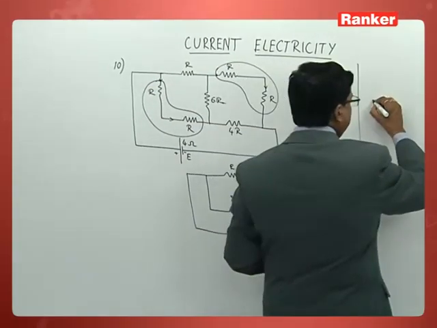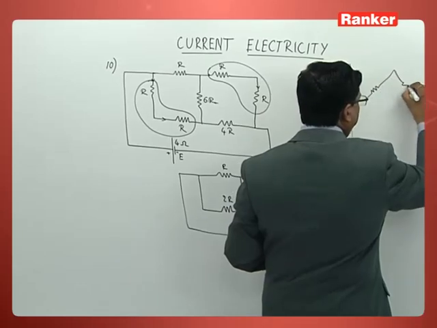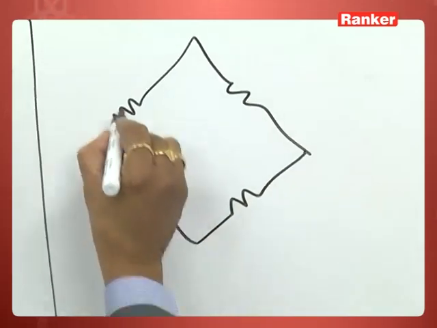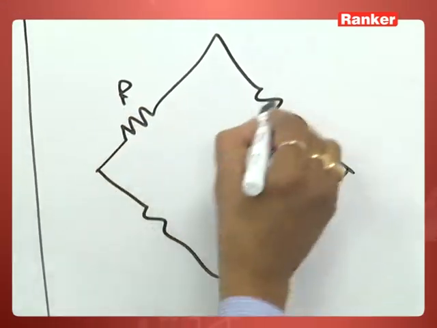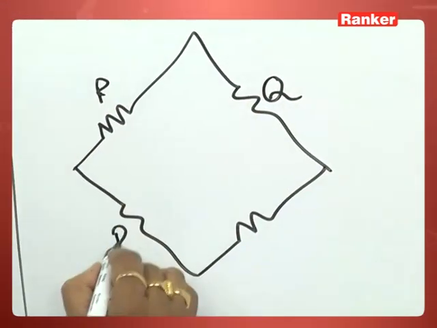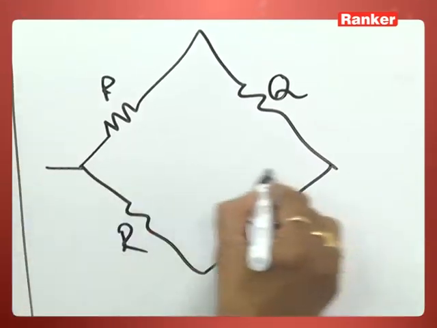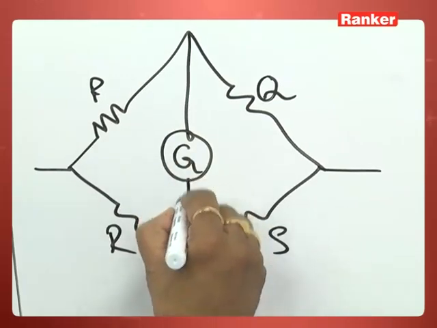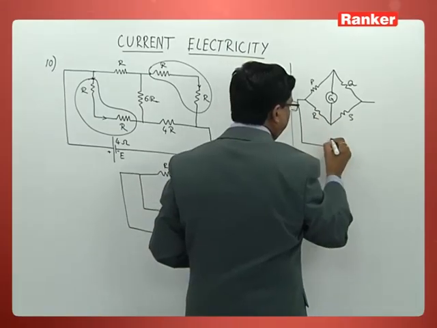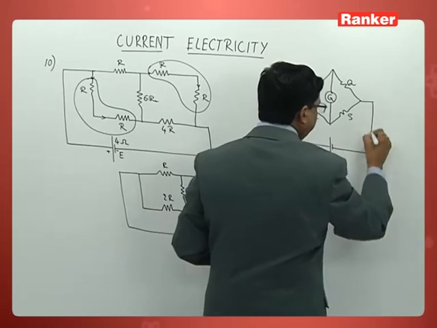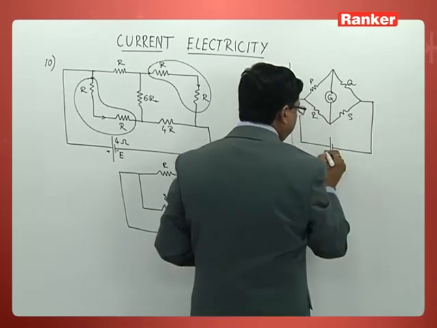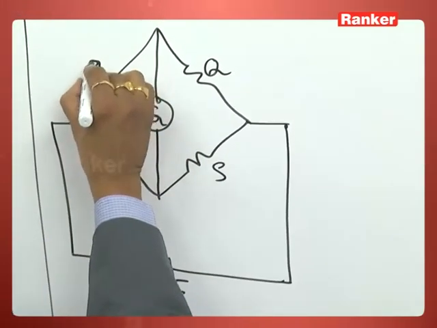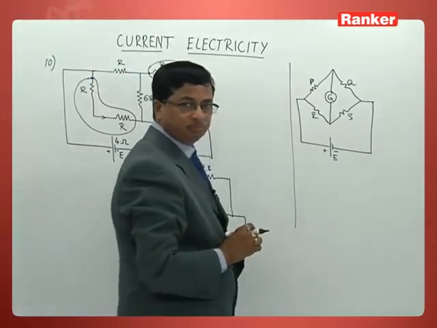When I consider 4 branches in which 4 resistances like P, Q, R and S are connected this way, a galvanometer is connected across these two, and a cell of EMF E is connected across the other 2 terminals. This is P.